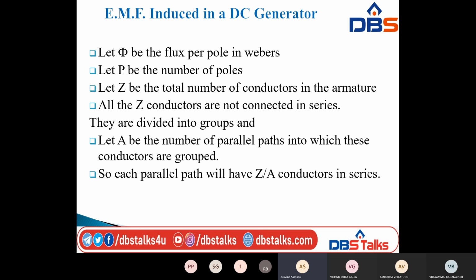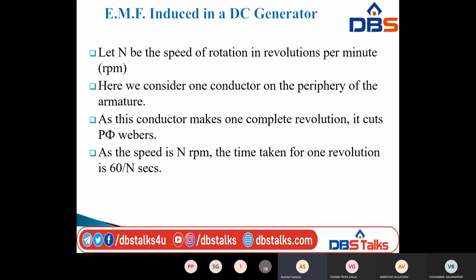Next, a few more parameters. Let capital N be the speed of rotation in revolutions per minute. Here we consider one conductor on the periphery of the armature.